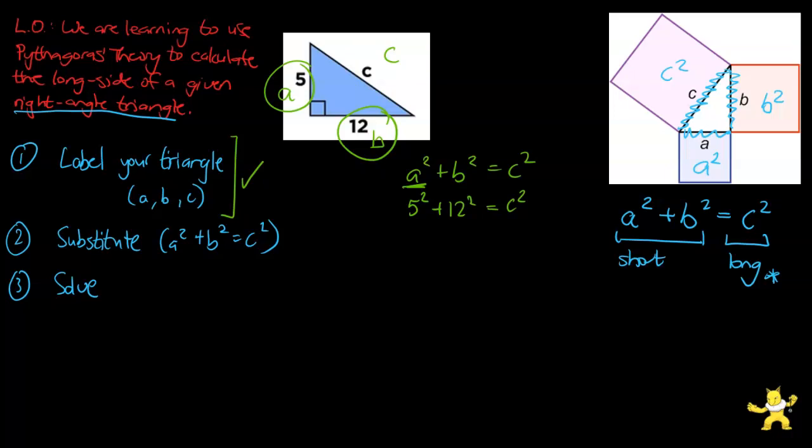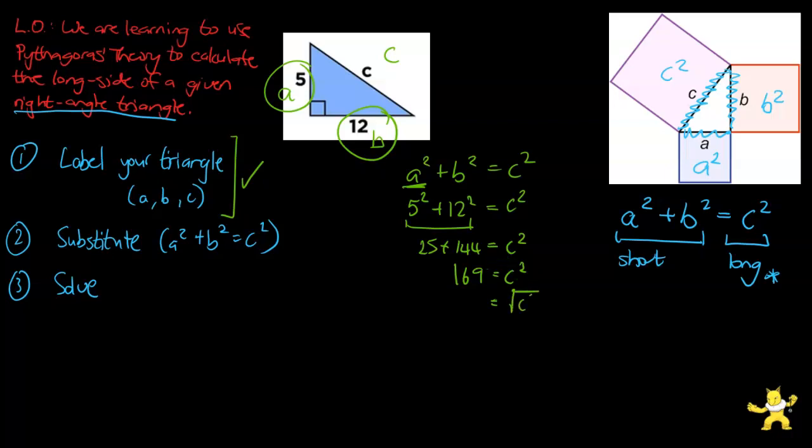We're now going to use our BEDMAS just to calculate this. We'll evaluate the left-hand side first. That's going to be 25 plus 144 is equal to C squared. That comes to 169 is equal to C squared. We're then going to take the square over to the other side, and we do that by square rooting everything.